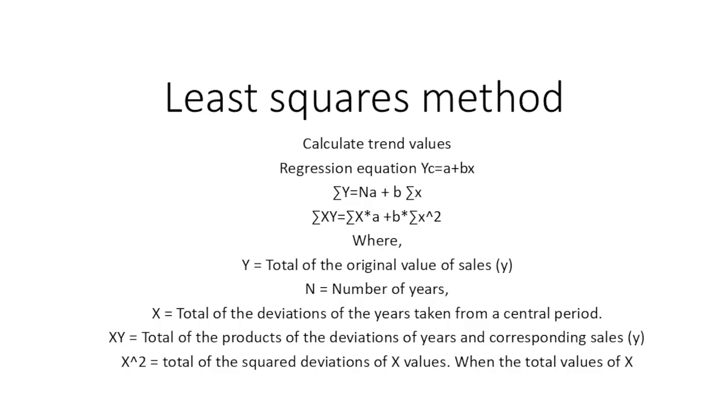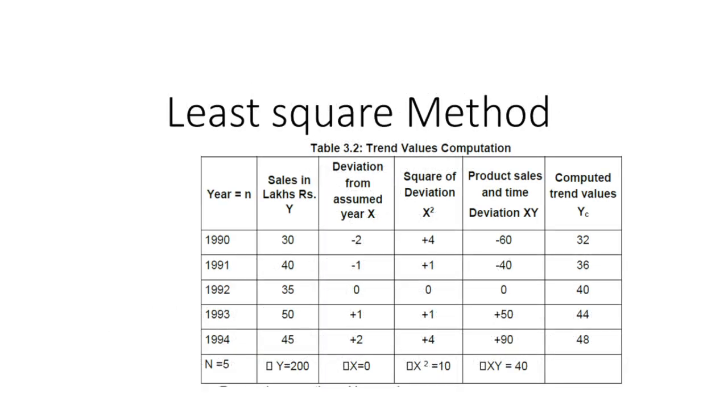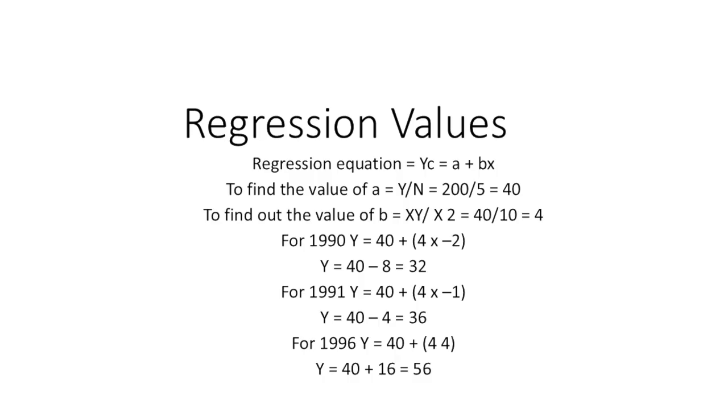That's why here it is 0. Then a is equal to summation y by n, which we can say is 40. And to find out the value of b, apply the value of a in equation number 2, then you will get the value 4.